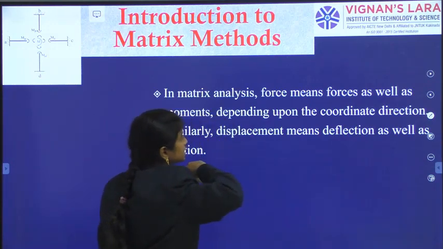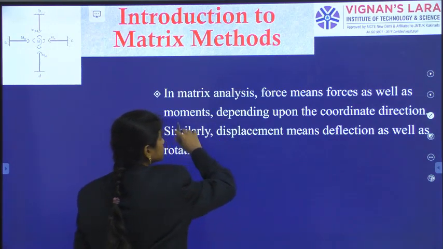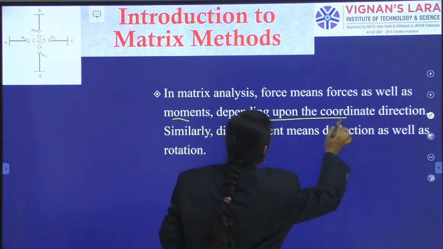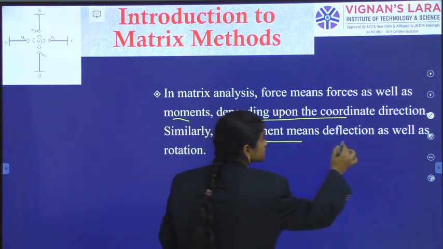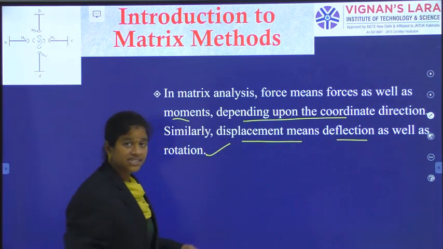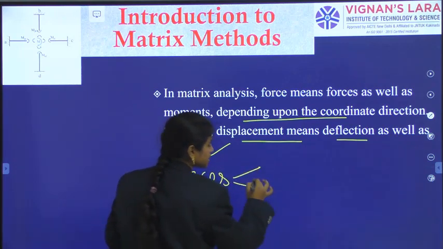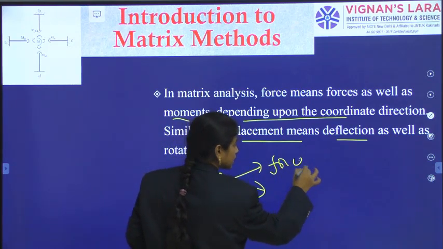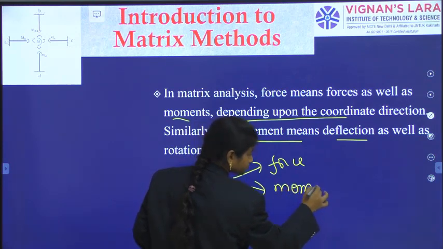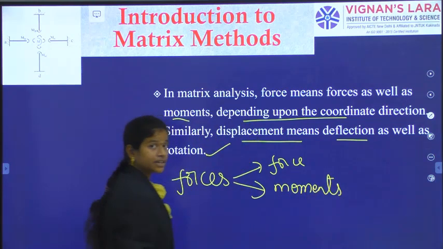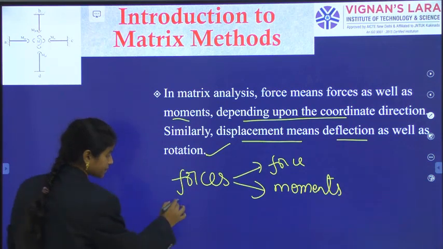In the matrix analysis, force means forces as well as moments, depending upon the coordinate direction. Similarly, displacements means deflections as well as rotations. Force method we say, but forces and moments we use.